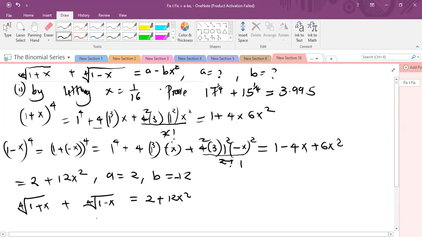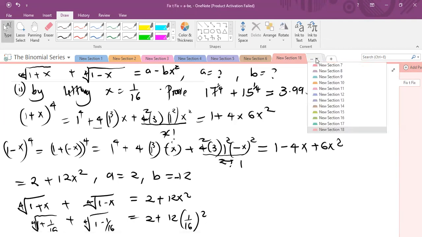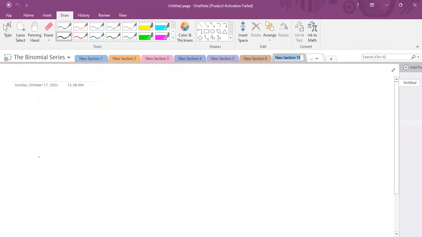So replacing x with 1 over 16, what will you have on this other side? I'll have the 4th root of (1 + 1/16), plus the 4th root of (1 - 1/16), is equal to 2 plus 12 (1/16) squared. Okay, so evaluating that, what is 1 plus 1 over 16? That is the same as 17 over 16, and then the 4th root.